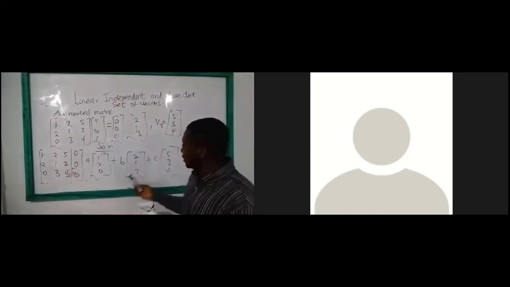So that is how it's going to be. By saying that if you express it as a linear combination, it should be equal to the 0 vector. So you will now augment the matrix, and this is how it's going to look.